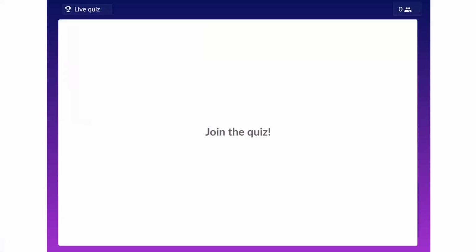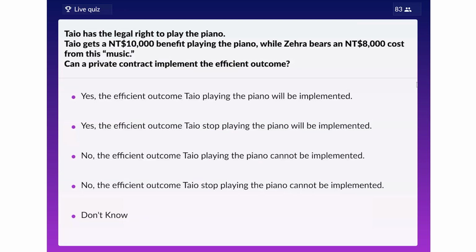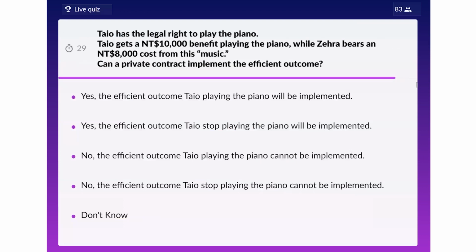So can a private contract implement the efficient outcome? Let's join the quiz. Yes, Tao playing the piano will be implemented; or yes, Tao stopping will be implemented; or no, Tao playing cannot be implemented; or no, Tao stopping cannot be implemented; or I don't know.